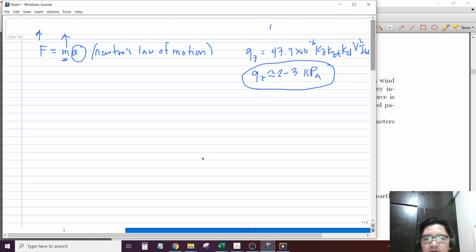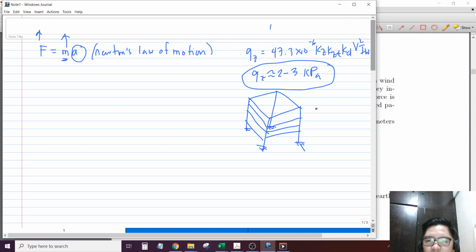And also, for example, ito yung structure mo. That is almost constant all throughout. Not really constant, pero you can just assume na sa building mo, say typical low-rise, 4-story, yung buong building hanggang dyan, sabihin na natin 3 kPa.